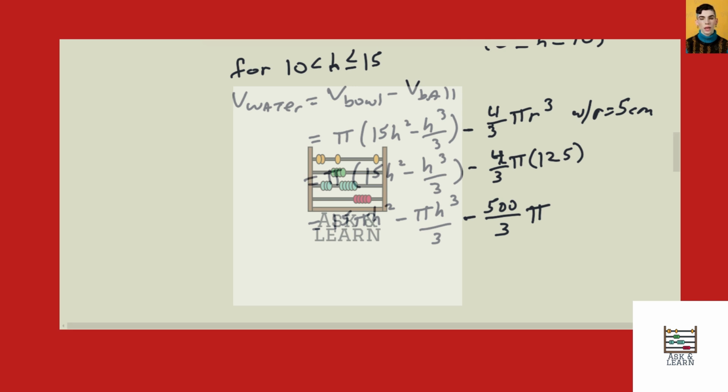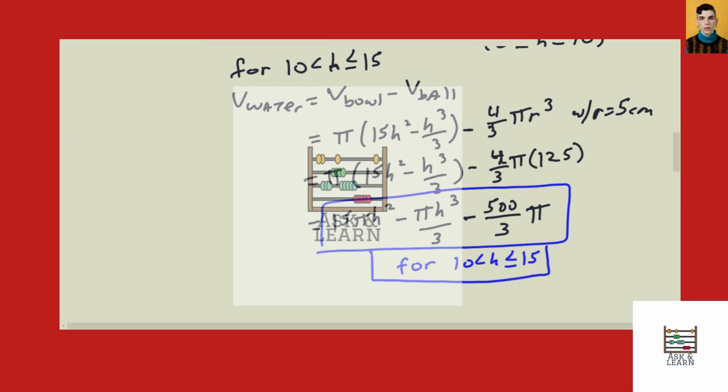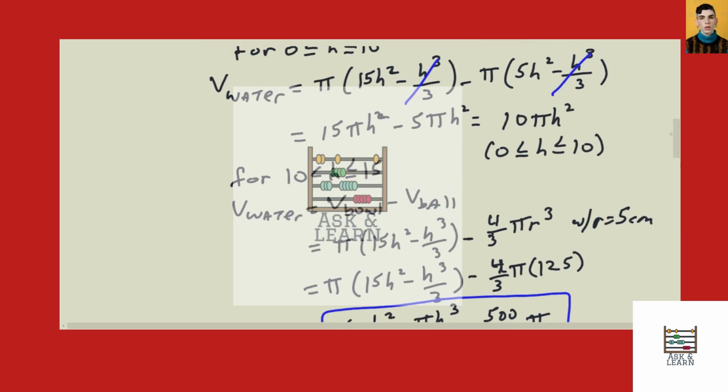And so there's the formula for 10 less than h less than or equal to 15, for when the height is over 10 centimeters. And this is the formula when we're from 0 to 10 centimeters height.